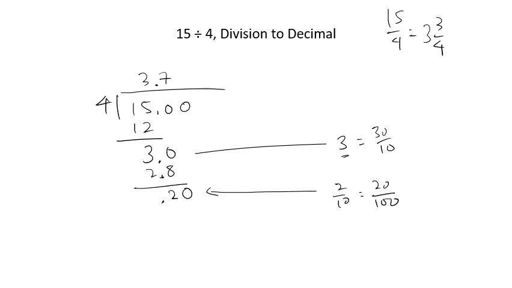And so by adding that extra 0, shifting that place value, I allow this division to keep going. So 4 will go into this 20 5 times. And so we know that's 5 hundredths. And so 5 hundredths times 4 makes 20 hundredths, which is the same as 2 tenths. And that gives me a 0. And so now I'm done.